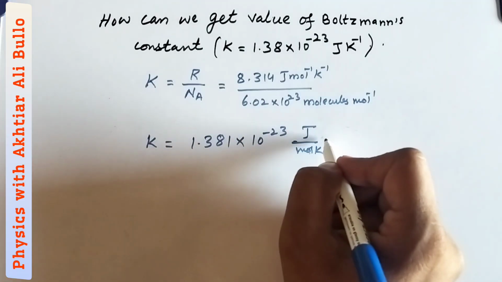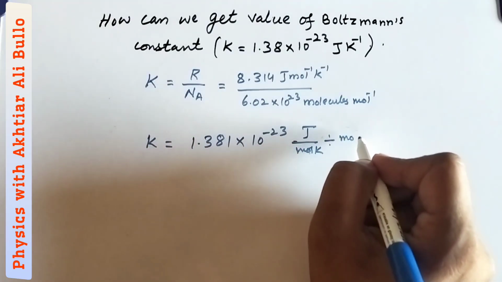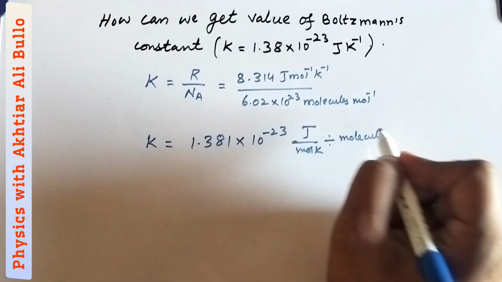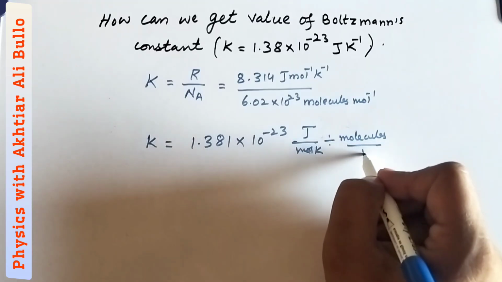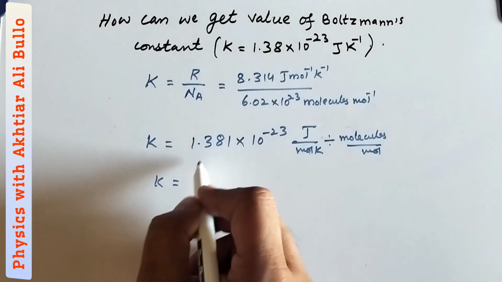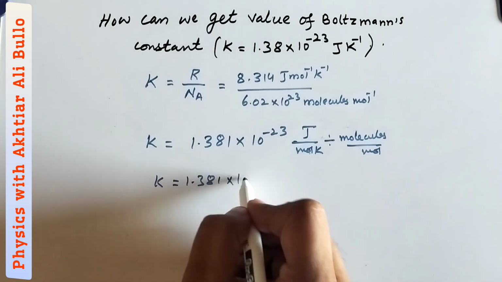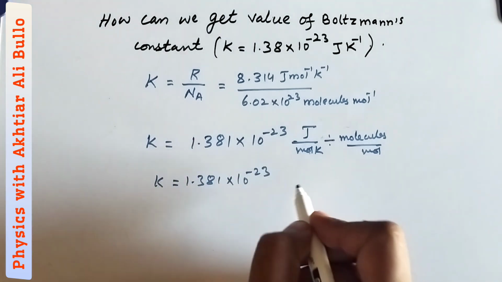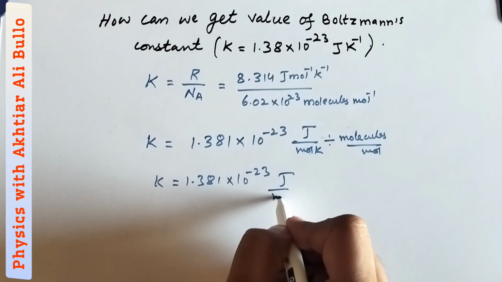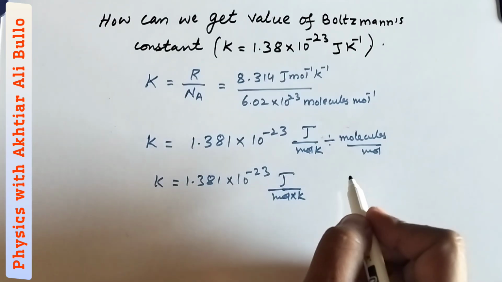We can also write the units as joule upon mole into Kelvin divided by molecules upon mole. So K will be equal to 1.381 into 10 raised to the power minus 23 joule upon mole into Kelvin.